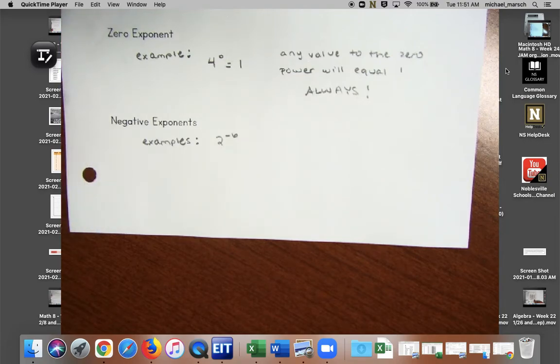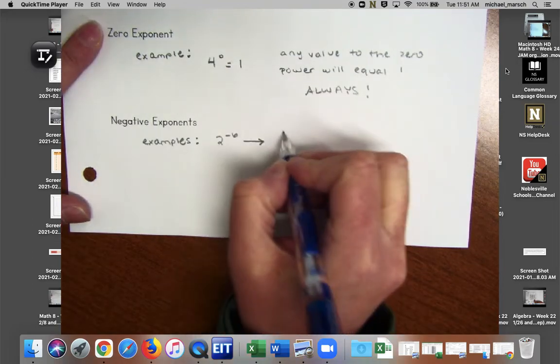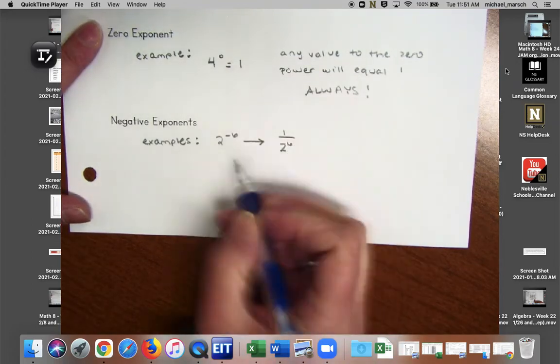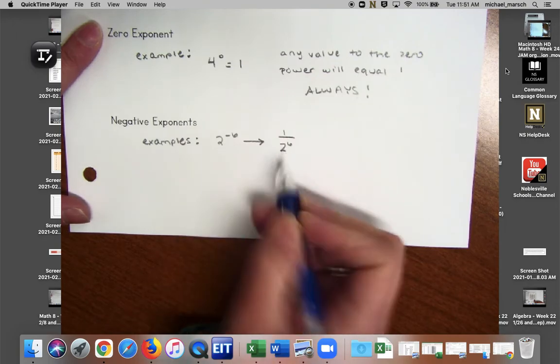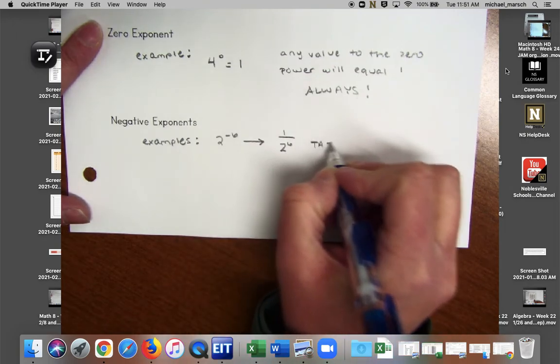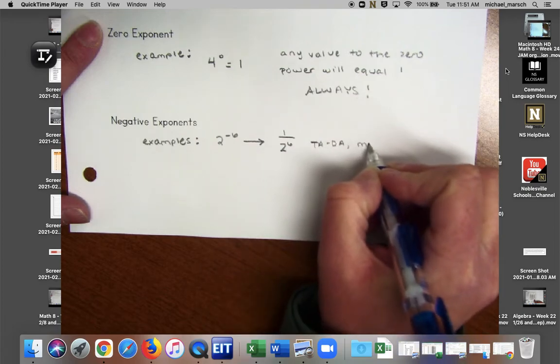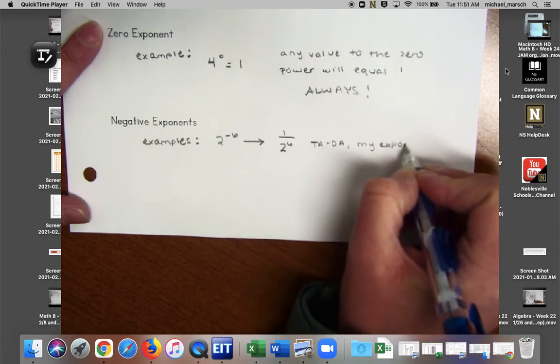You just can't. It's not mathematically accurate. I mean, we can write it. Clearly, nothing happened to me when I wrote those numbers, but it's not mathematically okay. So we have to transform it into a fraction where I move this to the denominator, and ta-da, my exponent is now positive.